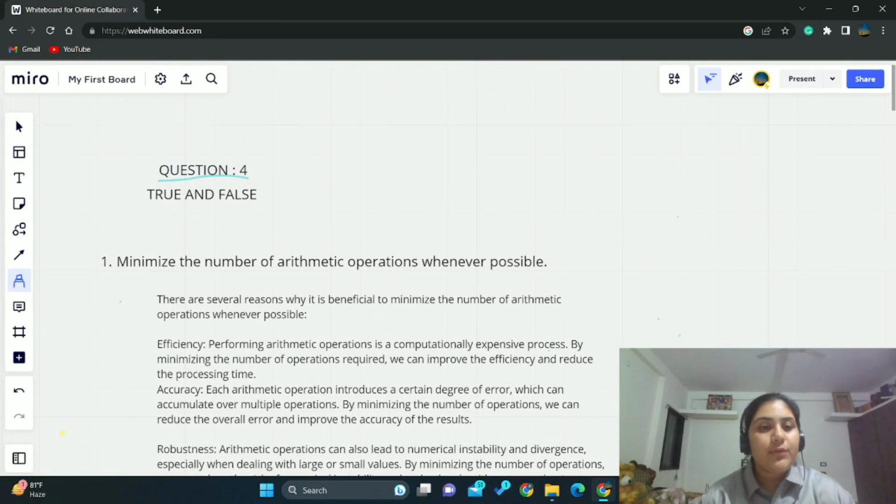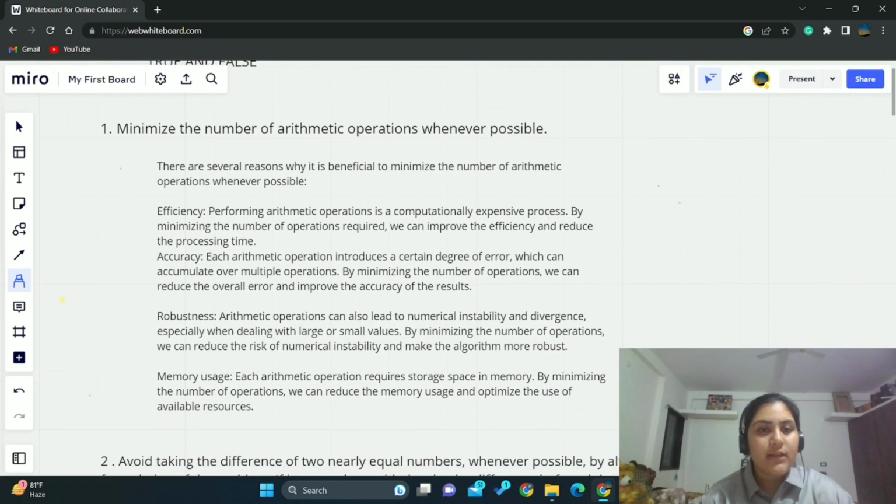Question number 4, true and false. First question: minimize the number of arithmetic operations whenever possible. There are several benefits to minimizing the number of arithmetic operations whenever possible. The first benefit is efficiency.